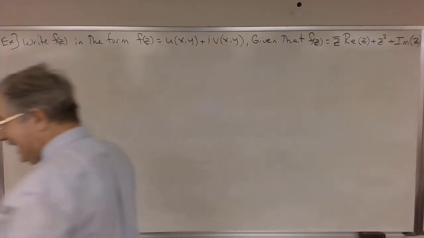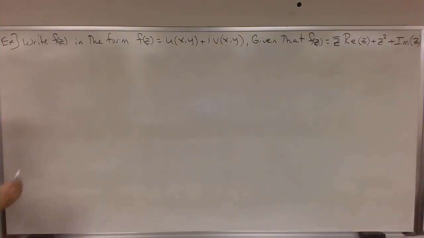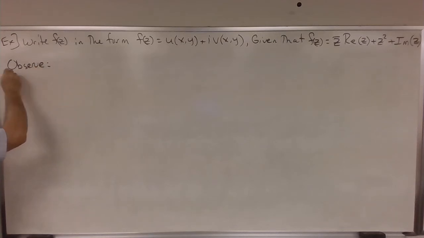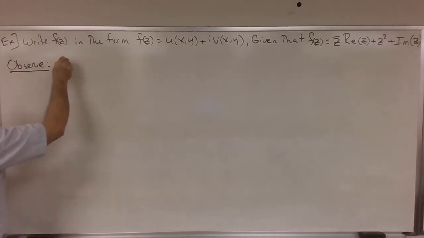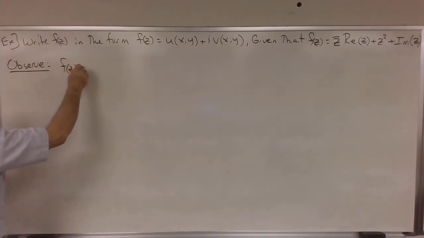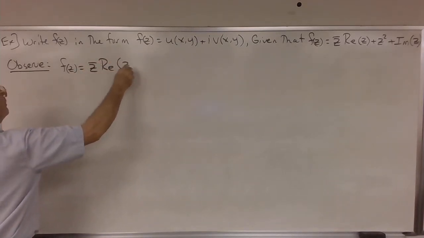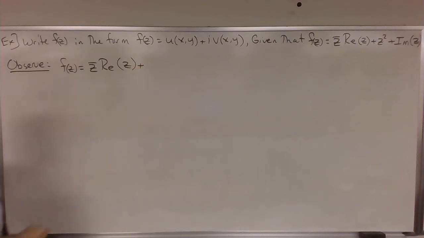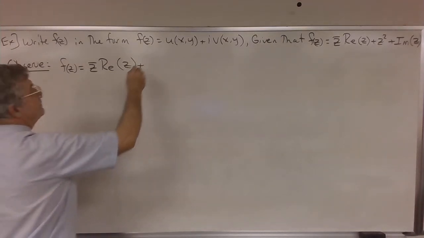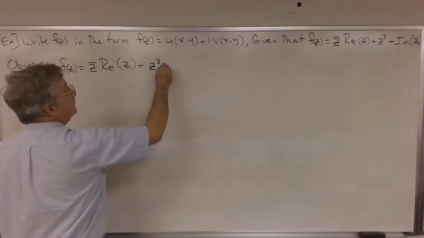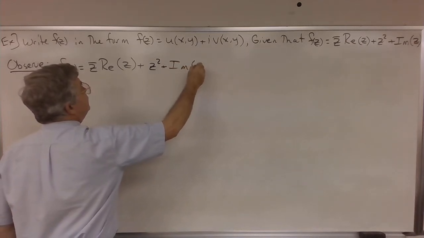Okay, let's just write it out and see what happens. So z conjugate, real part of z, plus z squared, plus imaginary part of z.